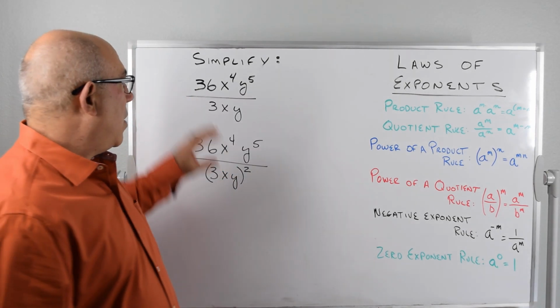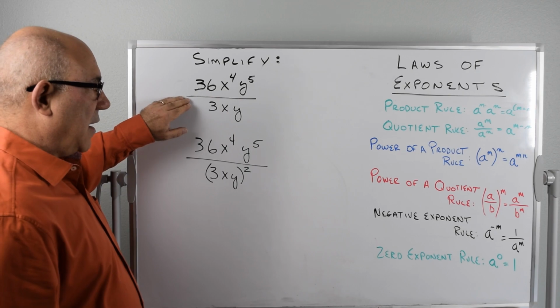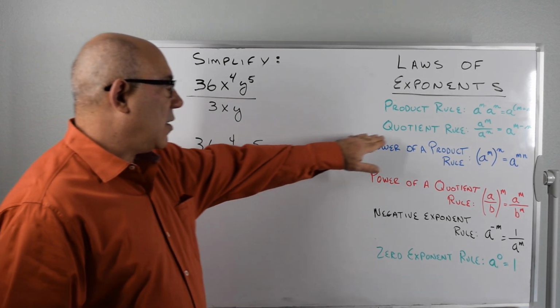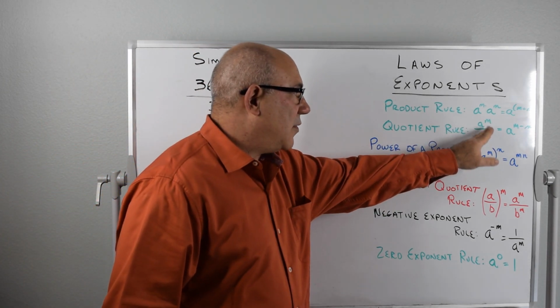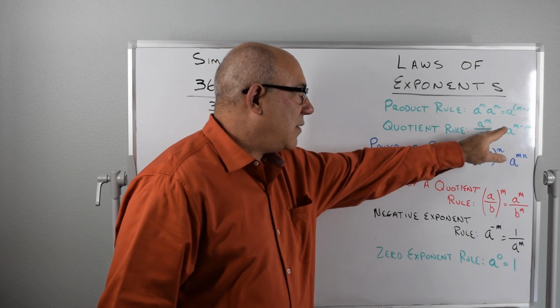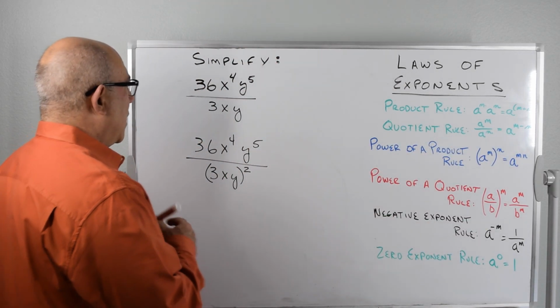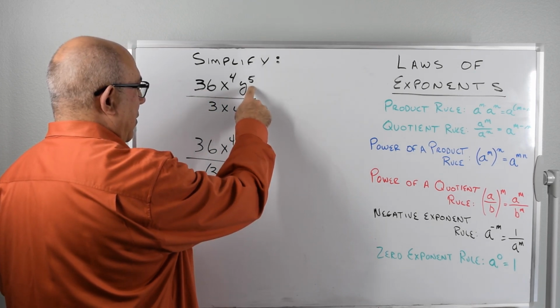Welcome back. Okay, so now if we look at this expression, when we see the dividing sign, the divisor here, we automatically know we're going to look at the quotient rule. What does the quotient rule say? It says when you divide two exponents of the same base, you subtract those exponents, okay? So for this one, we have a whole number, we have a value of x, and we have a value of y.